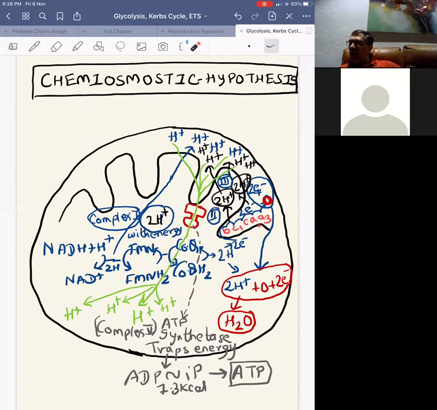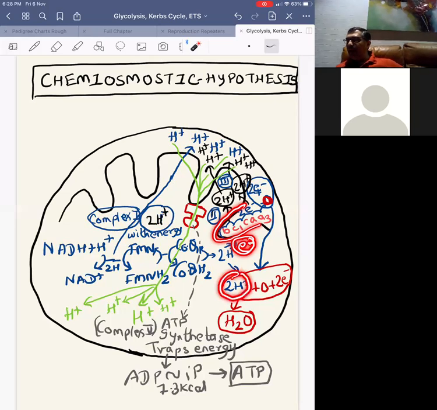So this is the inner mitochondrial membrane and this is the electron. And who will accept the electron? Electron is accepted by... Okay, where will protons remain? In the matrix. Where will electrons go? Into the inner mitochondrial membrane. In the inner mitochondrial membrane, electrons will pass into the electron acceptor.